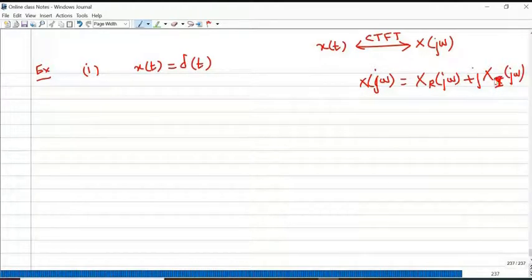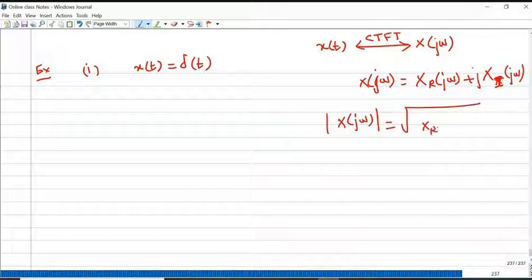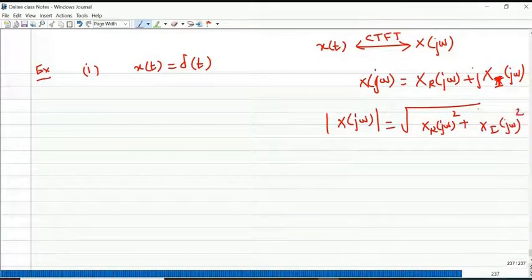Real part plus imaginary part is available. So the modulus of X of j omega is root of X real of j omega square plus X imaginary of j omega square.